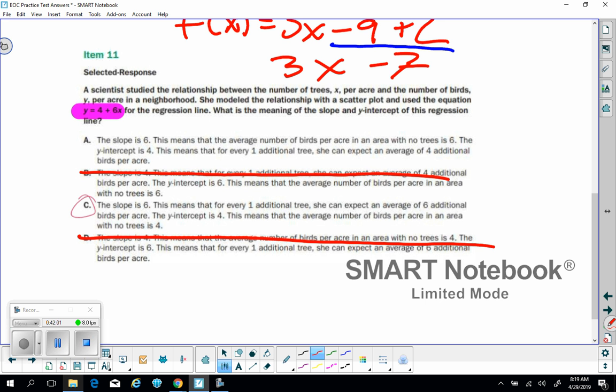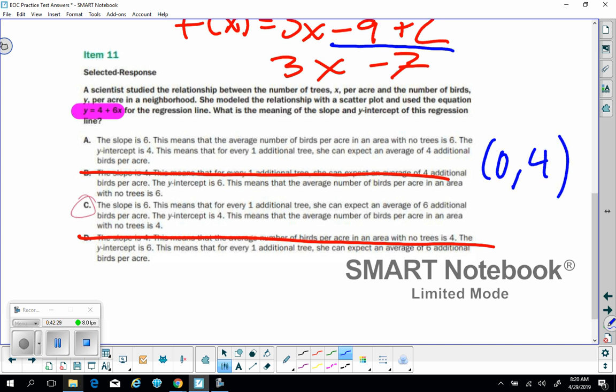So it says that y is the number of birds per acre in a neighborhood. Okay? So how would I write the y-intercept as a point? You told me it was 4. How would I write it? Would it be 0, 4 or 4, 0? 0, 4.